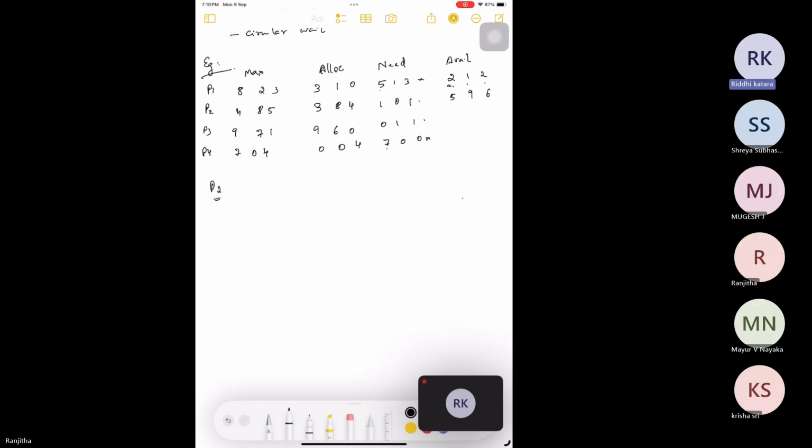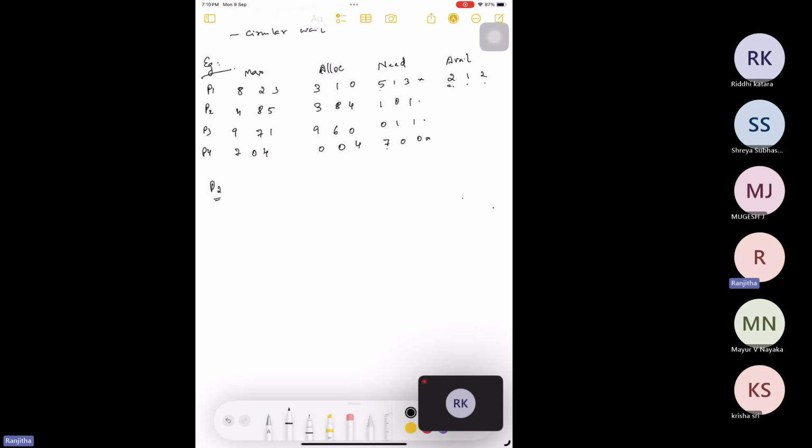Ma'am, how do we calculate how many resources are available after the process completes? You tell me how many resources will be available once P2 is completed. Ma'am, I think the allocated resources will be given back to the available. Yes, so ideally how it happens is from the available, 1, 0, 1 will go here.